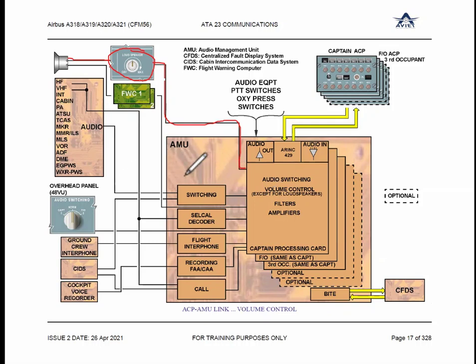But if some audio is going directly from the flight warning computer, you cannot control the audio. You cannot minimize it. Make sense? So these sounds you cannot switch off. That's why sometimes if you switch off the loudspeaker in the cockpit, still the sound is coming.